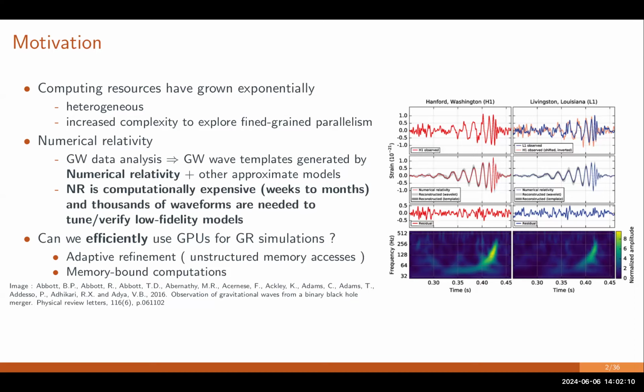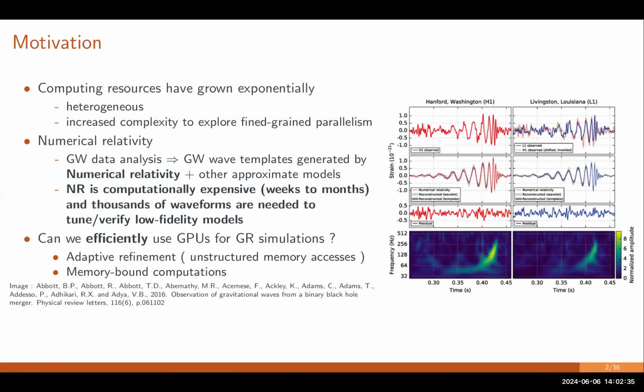Some simulations can take from weeks to months, and we need thousands of waveforms to build these surrogate models. So anything that we can do to speed up these computations can be beneficial. So the main question is, can we use GPUs for doing GR simulations?